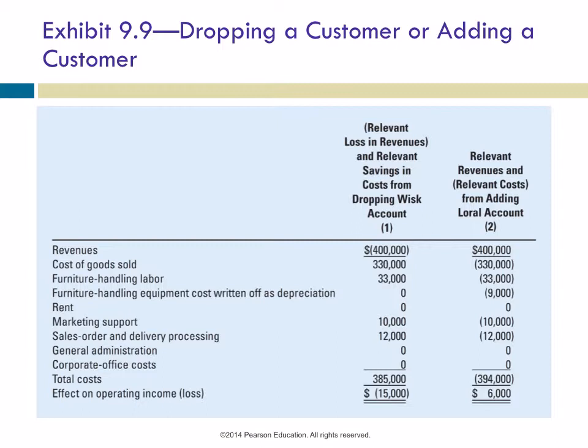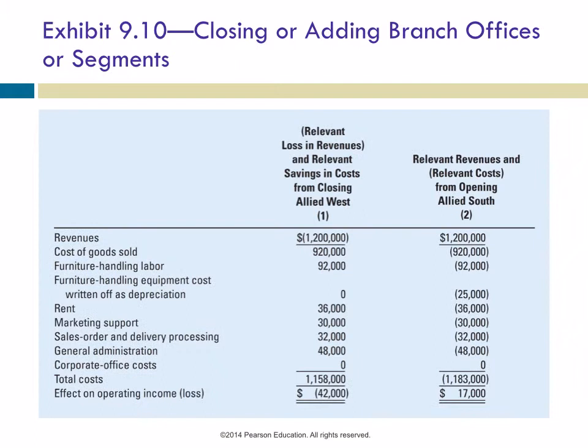What is the relevant loss in revenues or relevant savings from dropping the Whisk account, what's the relevant cost from adding the Loral account, and bottom line totals there. If it's a negative number, basically bad; positive number, good. That means that's contributing that amount of revenue, or if it's a negative number, it's causing that amount of loss on the operating income.